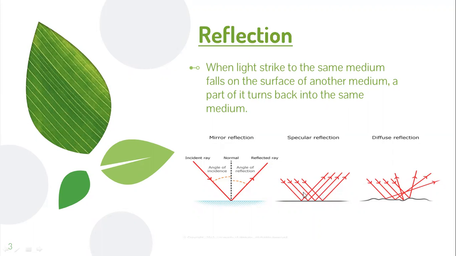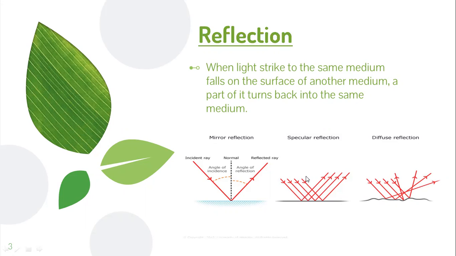When light rays strike a smooth shiny surface, they reflect back at a specific angle. That is called regular reflection, or specular reflection.